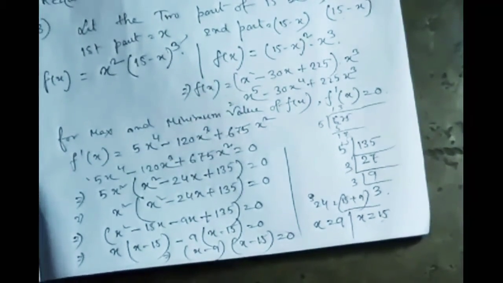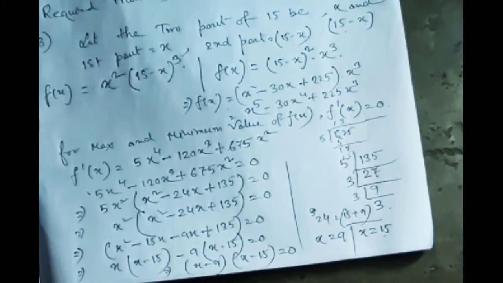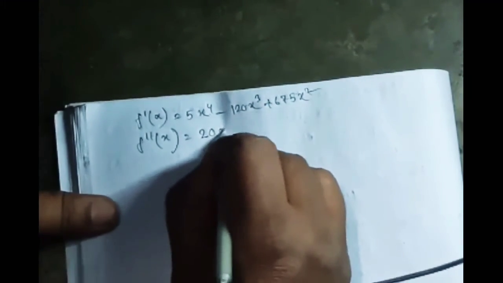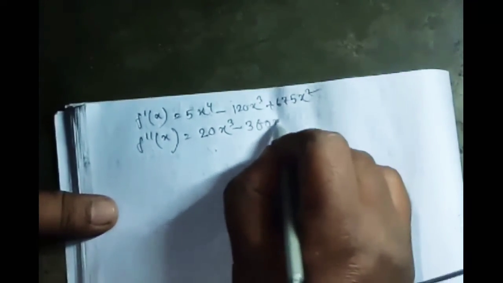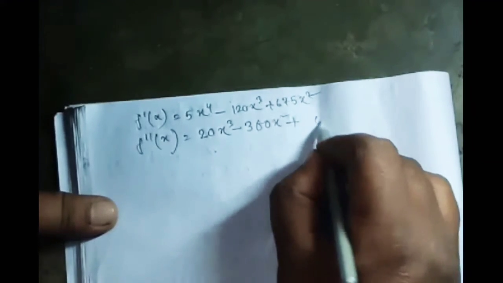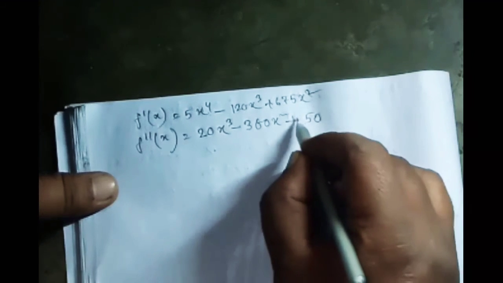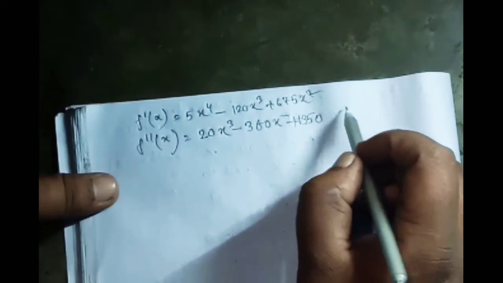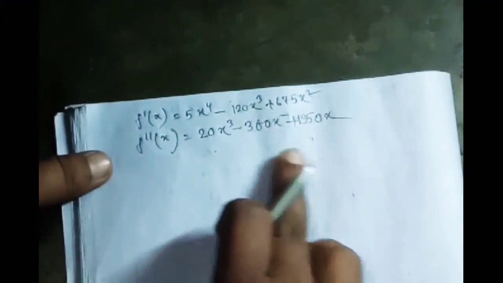Now we have to find f double dash x. Now this is f dash x. Now this is f double dash x.